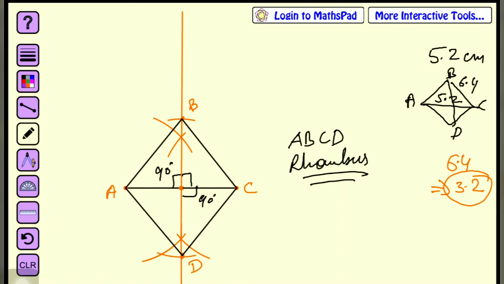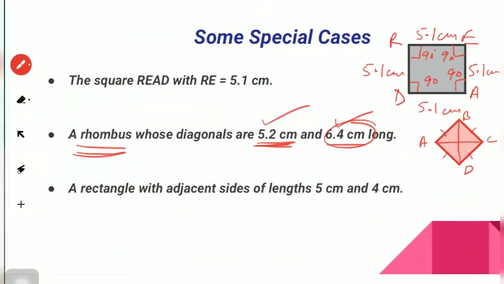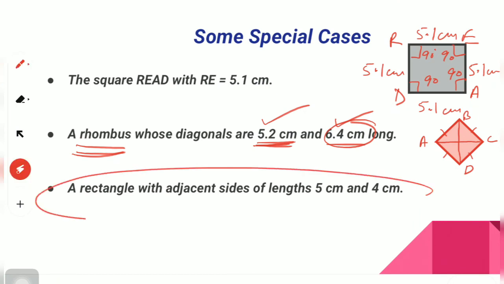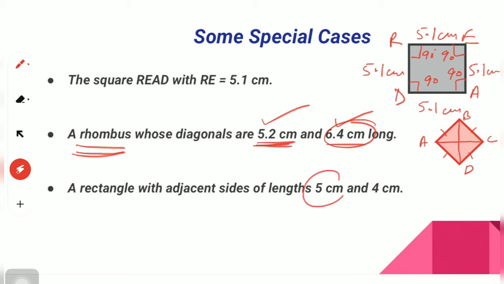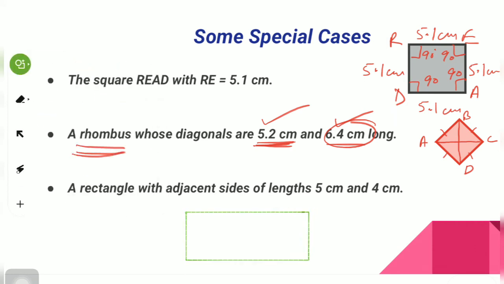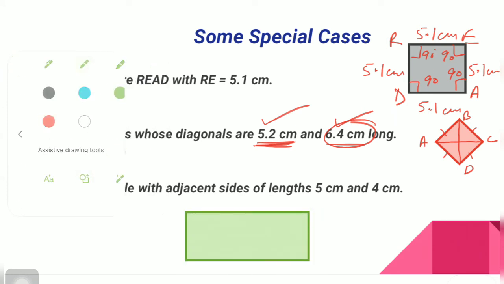Okay, so let us now see the third special case, that is of a rectangle whose adjacent sides of length 5 centimeter and 4 centimeter are given. Fine. So again, if we consider a rectangle, we know what the property of a rectangle is.